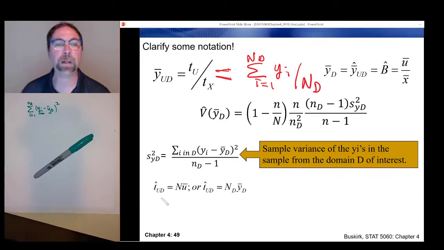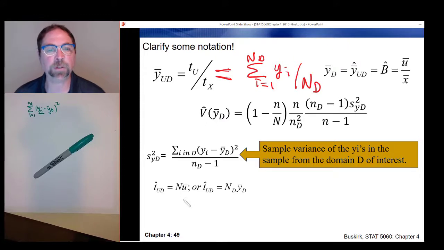Now, we often will estimate the total in the population using one of two ways. If we know the domain indicator for every element in the population, then I'm going to know capital N sub d. I also know y bar d because that's my b hat. So this is a way to estimate.